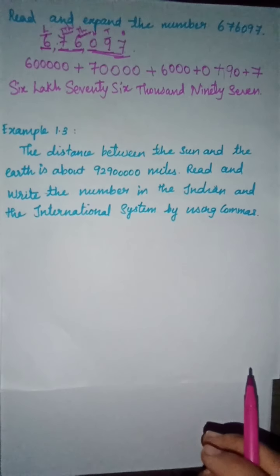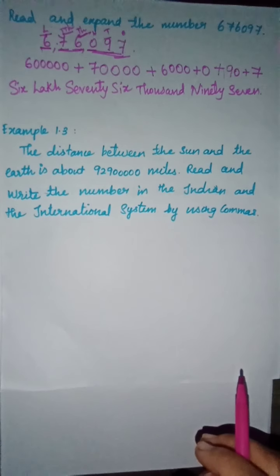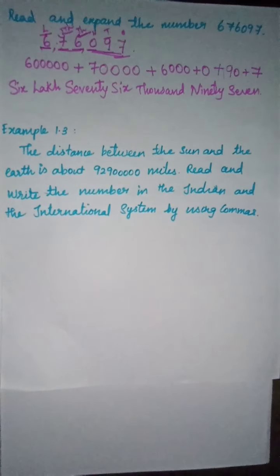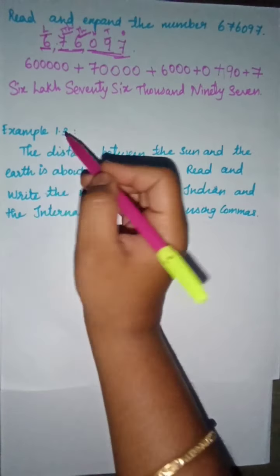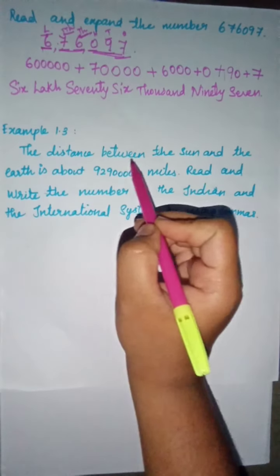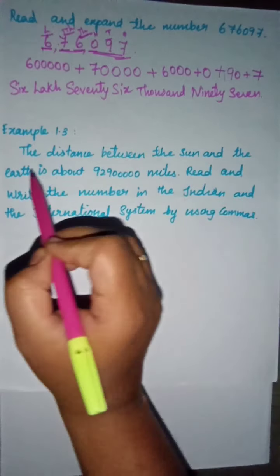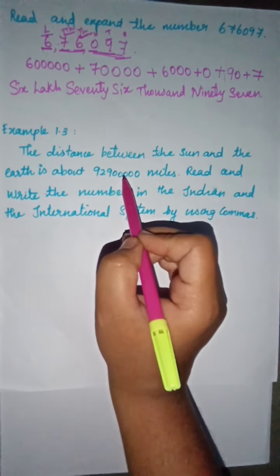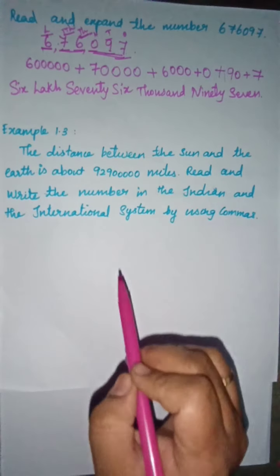Are you clear how to expand the form and how to give the number name? Yes. Next example 1.3. The distance between the sun and the earth is about 9290000 miles.